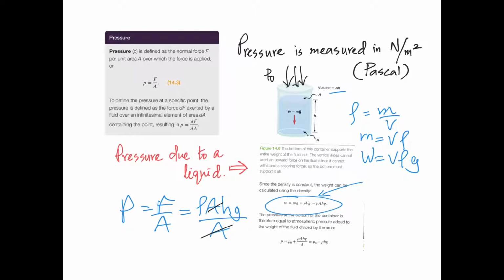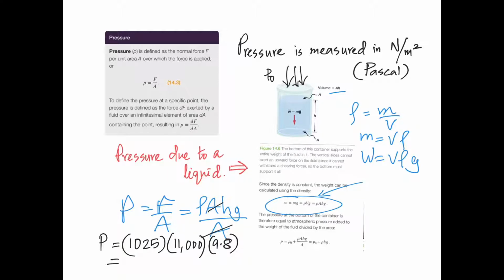Well, the Pacific Ocean at its deepest point is about 11 kilometers deep. That's 11,000 meters. So, if you were to calculate the pressure at the bottom of the Pacific Ocean due to the liquid column alone, the density of seawater is about 1025, times the depth, which is 11,000 meters, times 9.8.